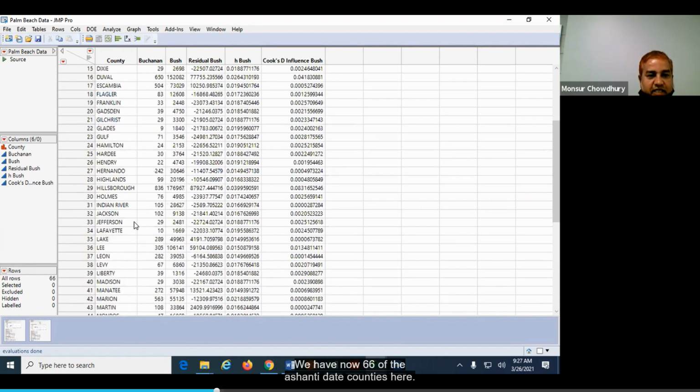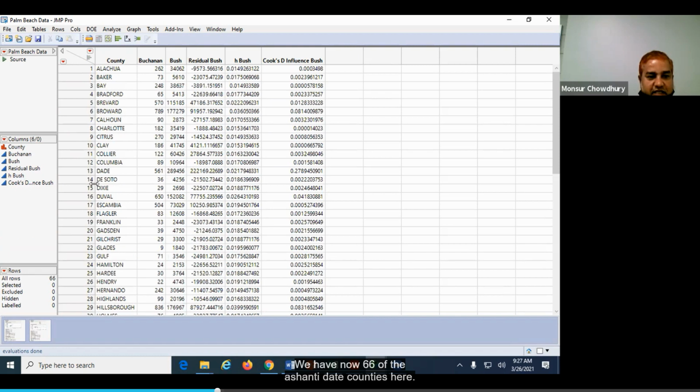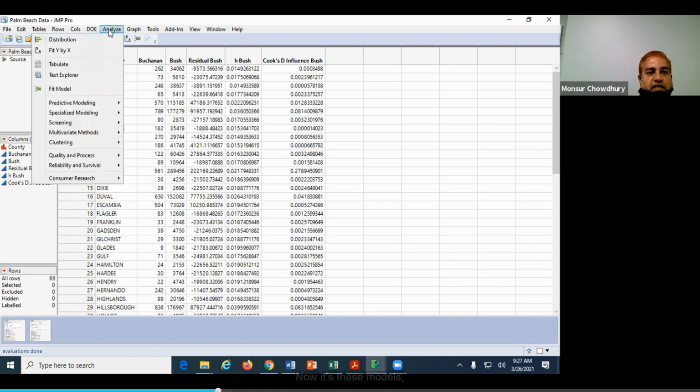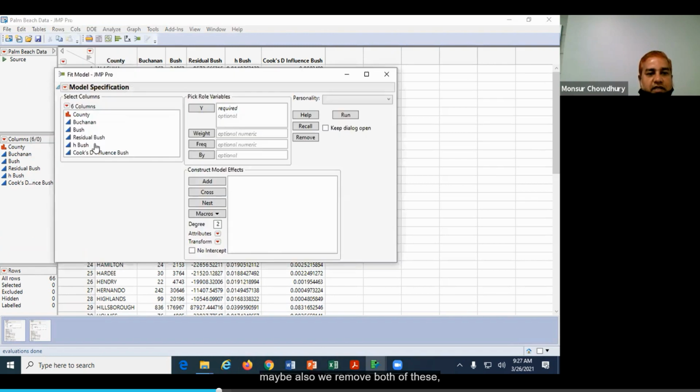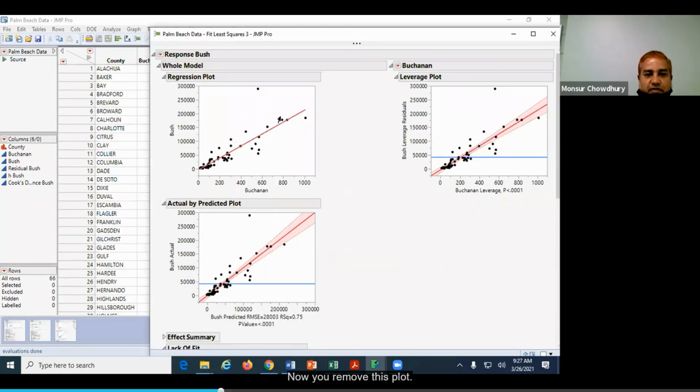So we have now 66 observations, and Dade County is here. Now repeat these models. In the previous one we removed both of these, Dade County and Palm Beach, because both of them were selected. So when I remove both, we can still see a dramatic change in the slope.